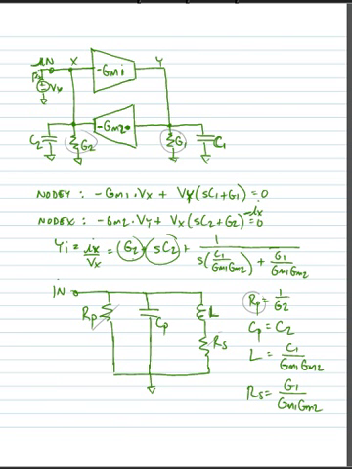Now what we can see is that if our circuit were ideal, in other words, if the conductances associated with the GM devices were to approach 0, these resistances would approach infinity. The parallel resistance would approach infinity. In other words, this resistor would go away. The RS would approach 0, and this would go away.